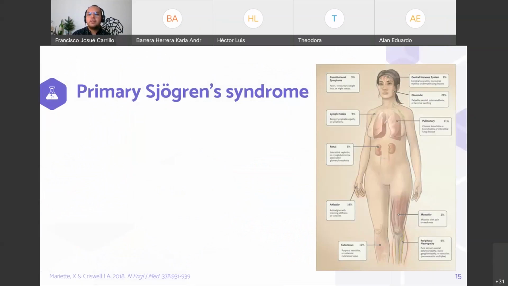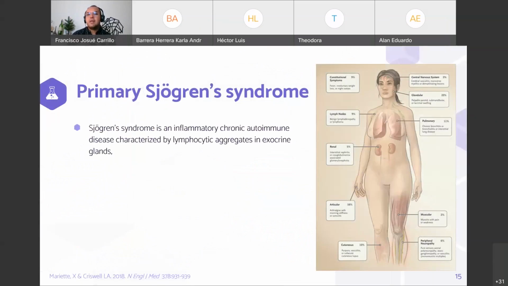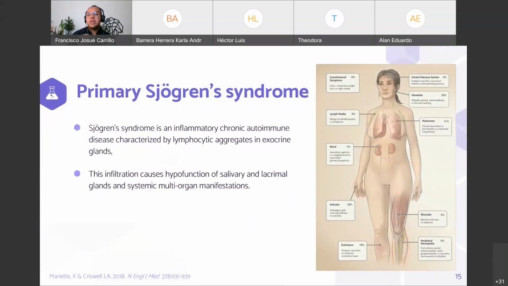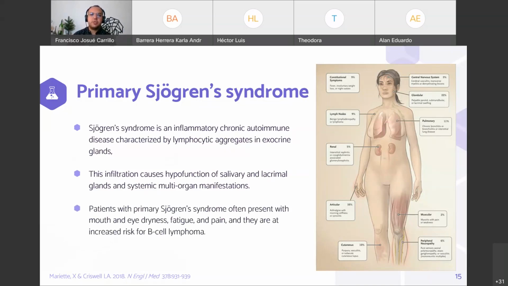So, what is primary Sjogren syndrome? Sjogren syndrome is a chronic inflammatory autoimmune disease characterized by lymphocytic aggregates in exocrine glands. Nevertheless, this infiltration not only causes hypofunction of the salivary and lacrimal glands, which is of course the key feature of this disease, but also contributes to systemic multi-organ manifestations, as you may see in this picture.